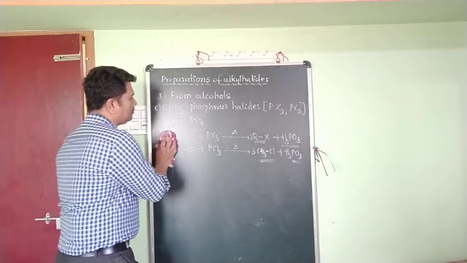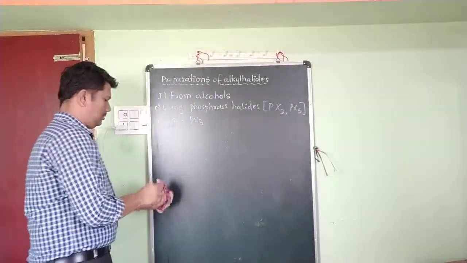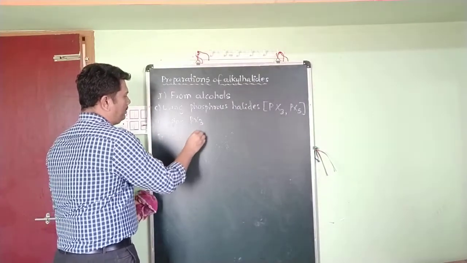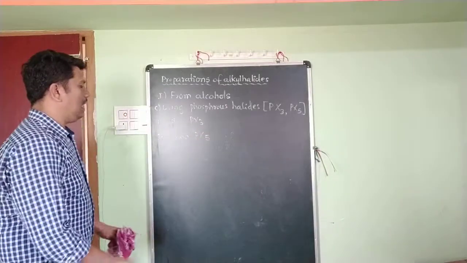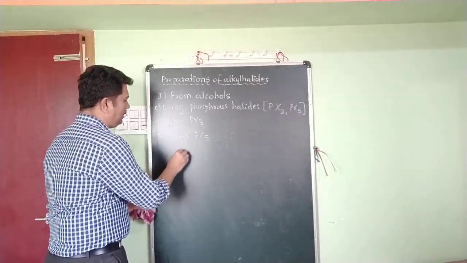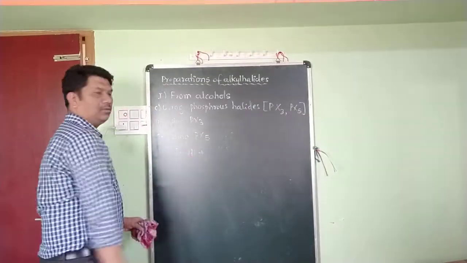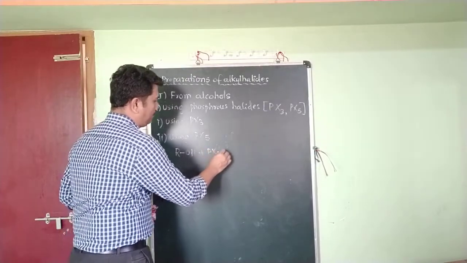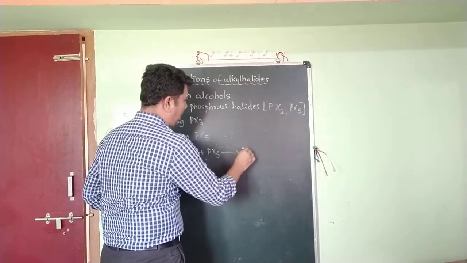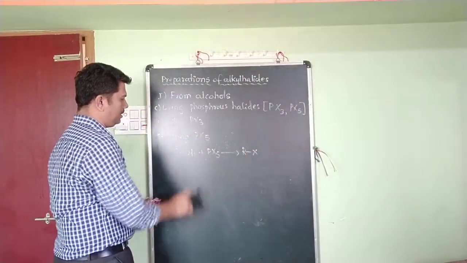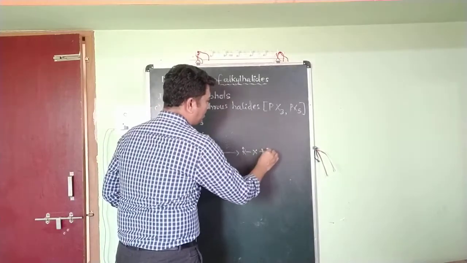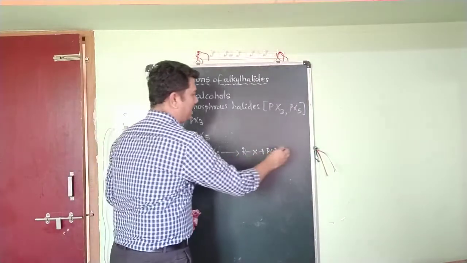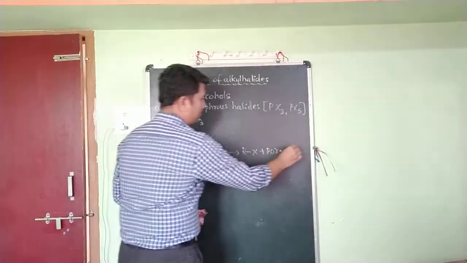Now using PX5, how is alkyl halide prepared? See here. Again you take alcohol ROH plus PX5, phosphorus pentahalide. There is formation of alkyl halide RX plus POX3, phosphorus oxytrihalide, plus HX.